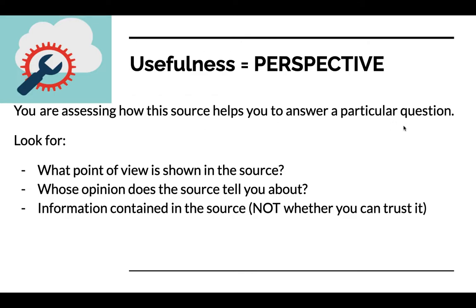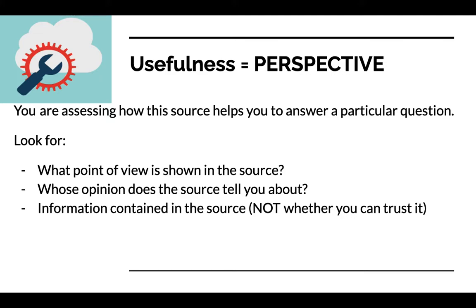Now, when historians are doing actual historical research, they're looking through thousands and thousands of different documents, and some of those documents will be completely irrelevant and not useful at all. But when you're in the context of a history assessment, all the sources that you get given are obviously going to be relevant. If you've got a test on the French Revolution, we're not suddenly going to give you a source that relates to a civil war in Angola. You're going to have a source that connects to the topic that you've been given.